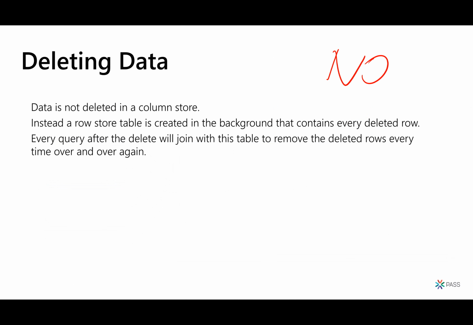Yeah. So every query that reads data from the column store, once you deleted one row, will have to join with that table. Yeah. You can fix it again by rebuilding the column store, and that's the only way of getting rid of that. Yeah. So deleting data, not a good idea.